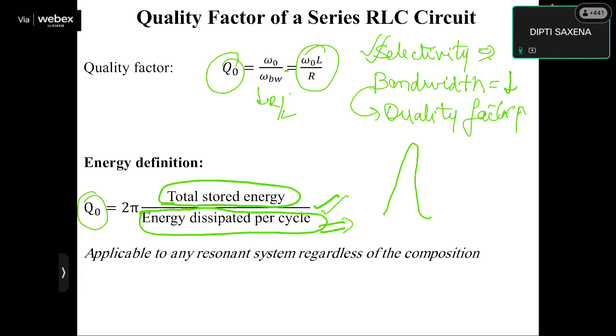That is, the peak should be very narrow, so that the ability of the system to reject all other frequencies is high. That is, the bandwidth should be less and quality factor should be high for a highly selective circuit.